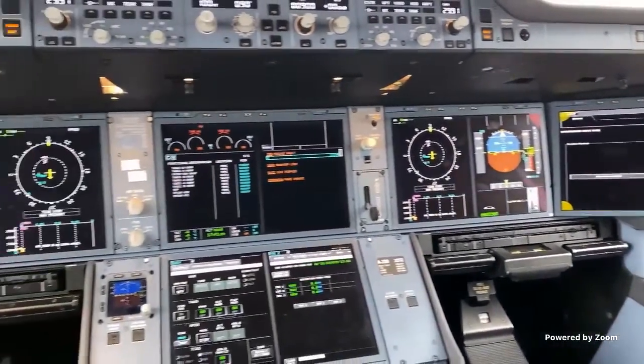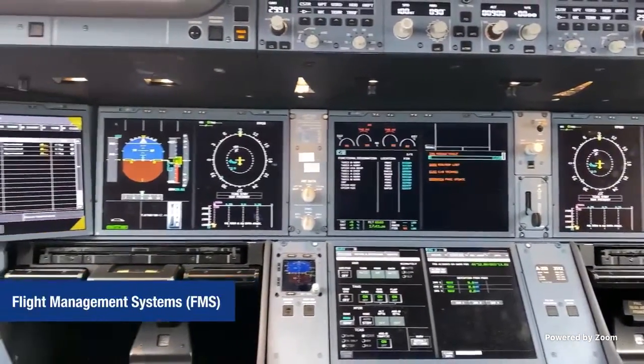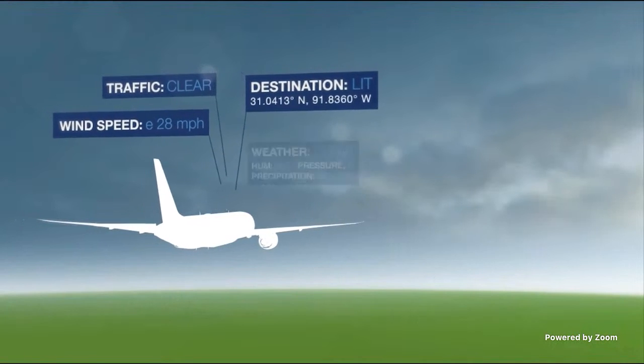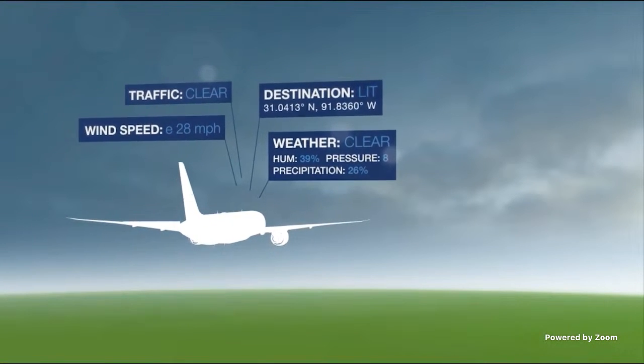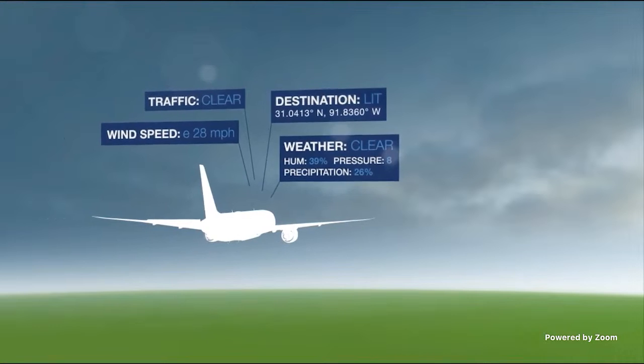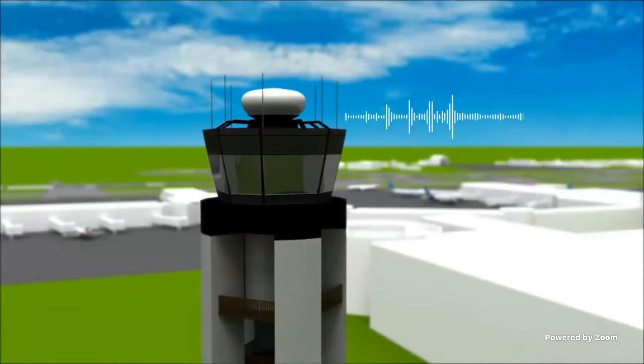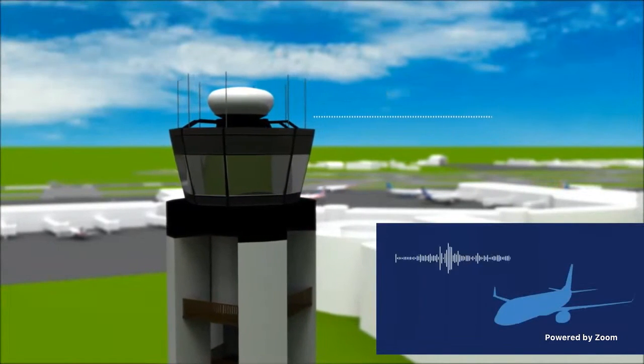When aircraft are equipped with GPS or Flight Management Systems, or FMS, this guidance is programmed in, providing direction to the pilot at every step of the flight, reducing potential for distraction, and reducing potential pilot-controller readback errors.